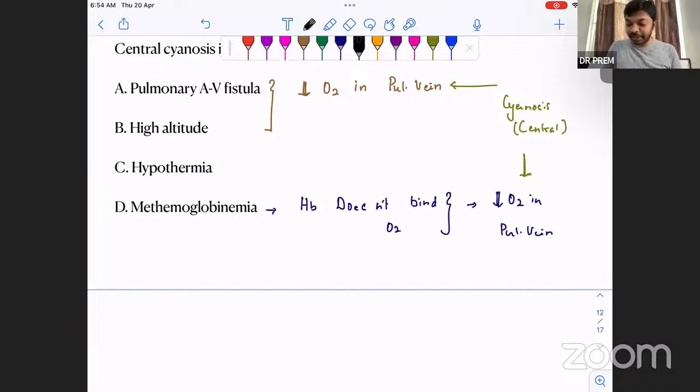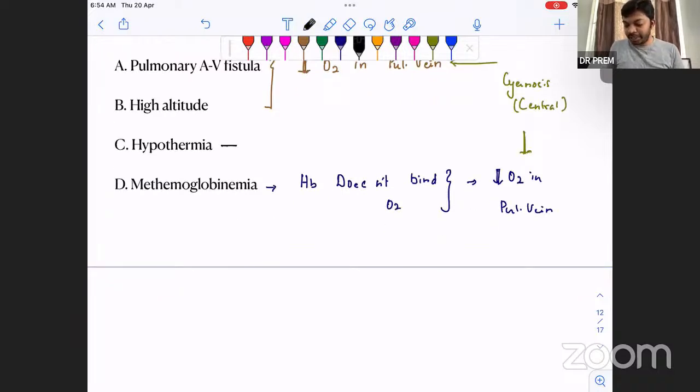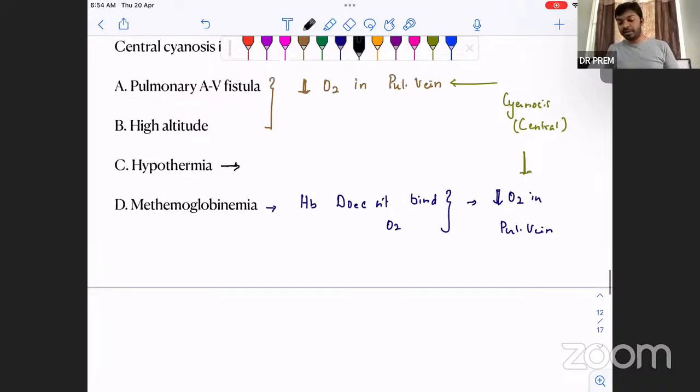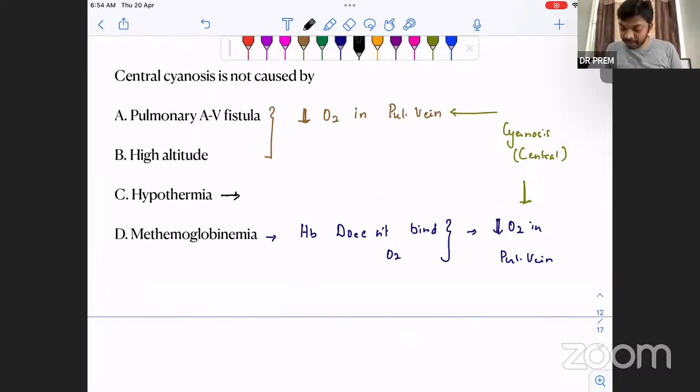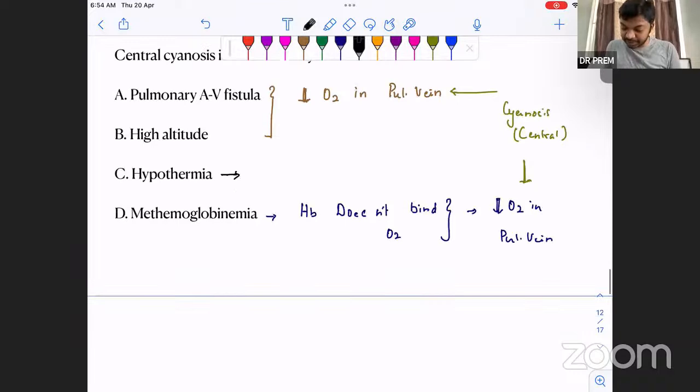But hypothermia usually does not cause central cyanosis. If at all, exposure to very cold temperature leads to constriction of peripheral vasculature.